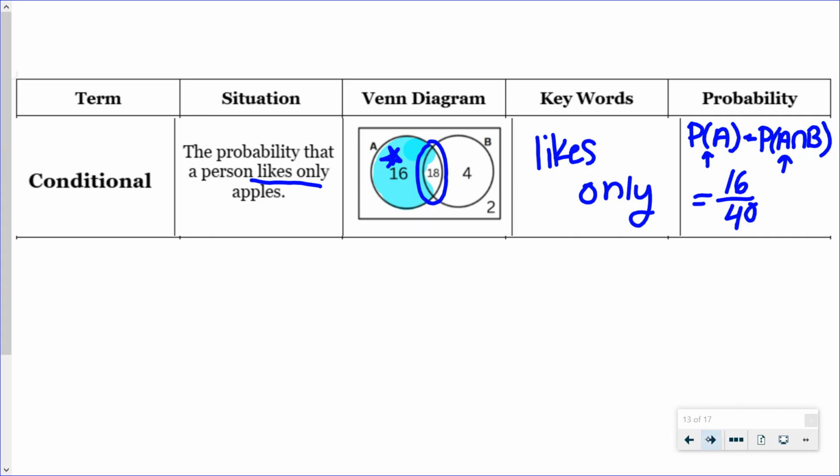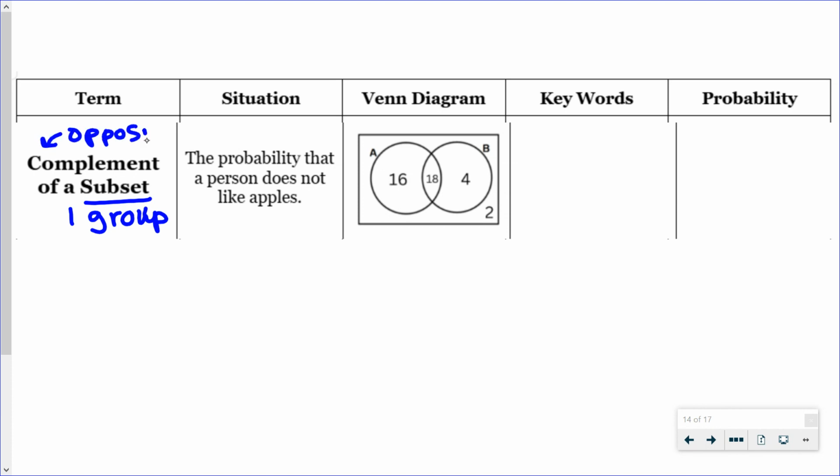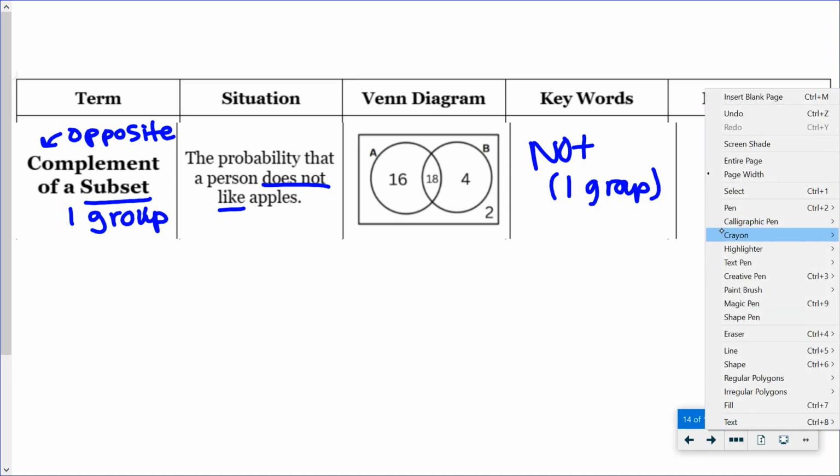All right, the last two are kind of similar. The complement of a subset. So a subset means one group, and the complement in math means the opposite. So a person does not like apples, not, and then one group. Okay, so we want everything except for apples.